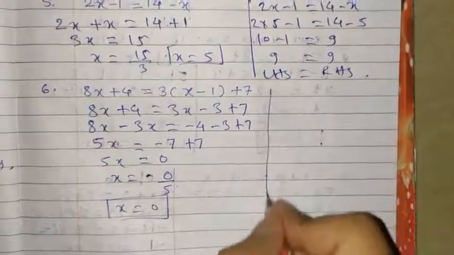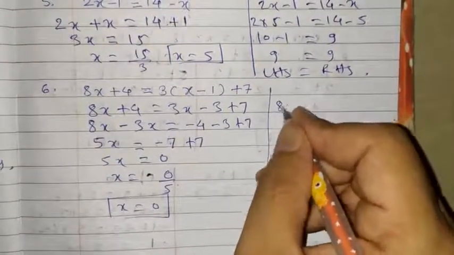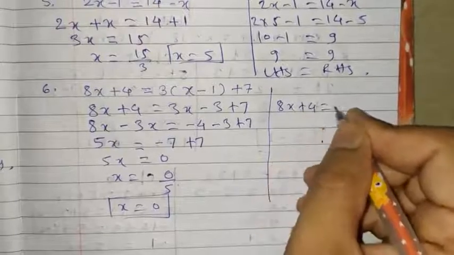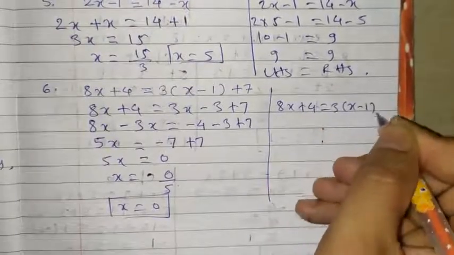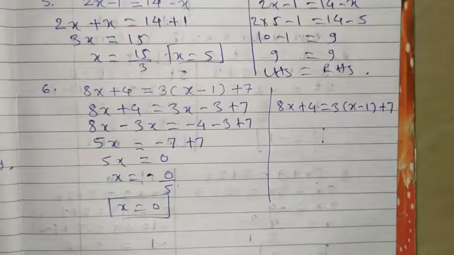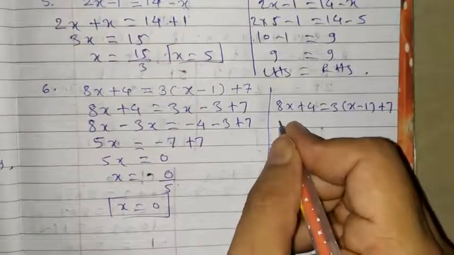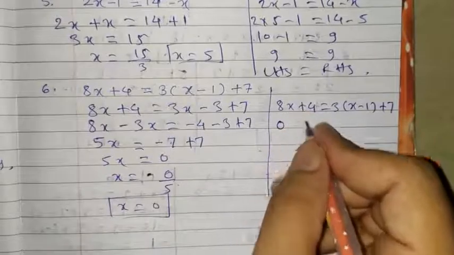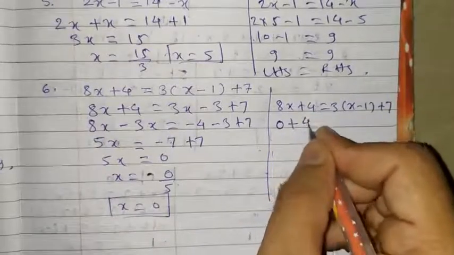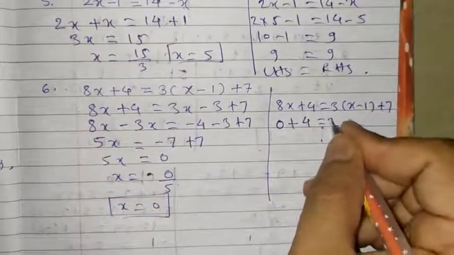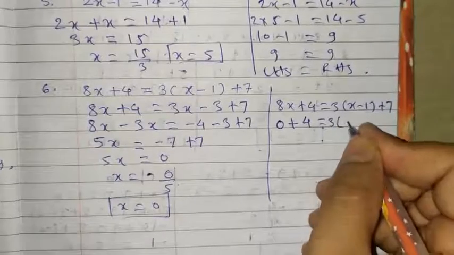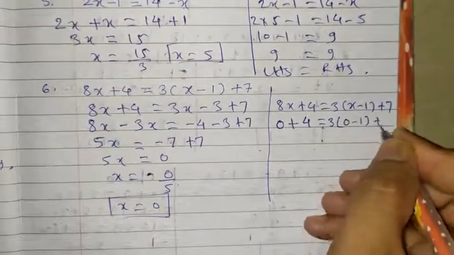Now we will cross check. 8x plus 4 equal to 3x minus 1 plus 7. As it is we have written. So x is 0 means this number will be 0 plus 4. Here 3, here x is 0 minus 1 plus 7.